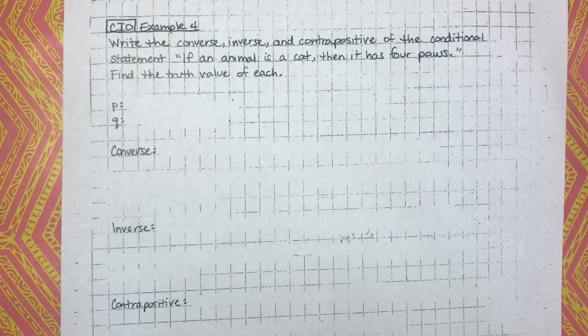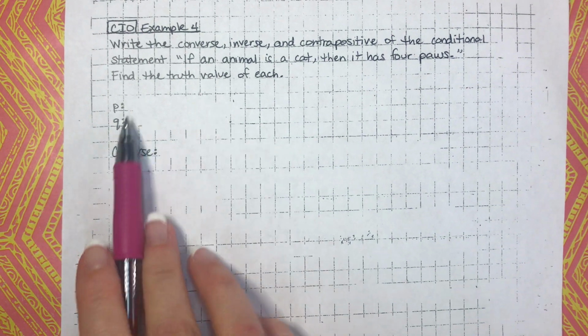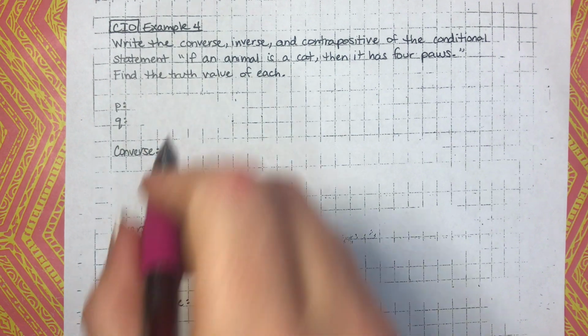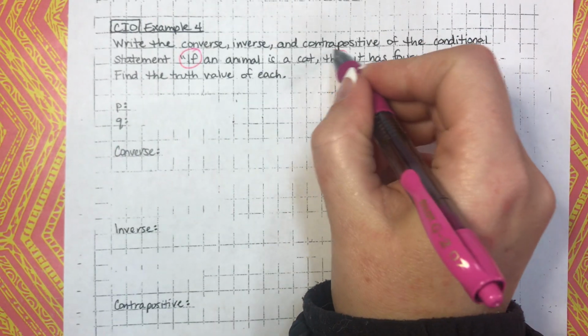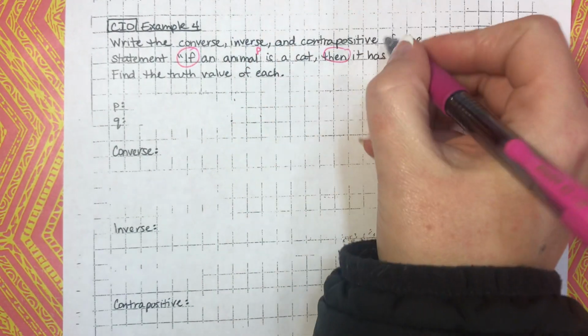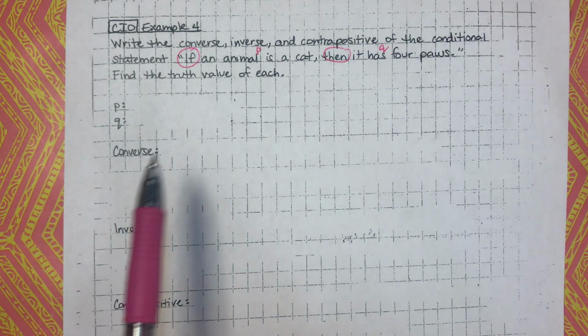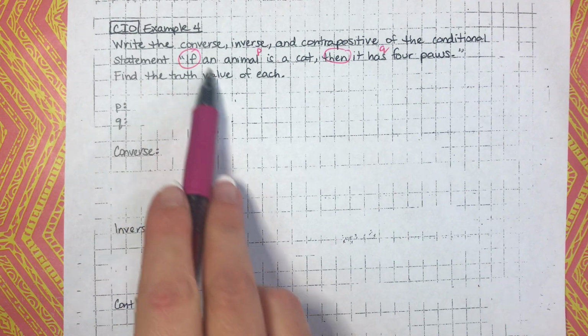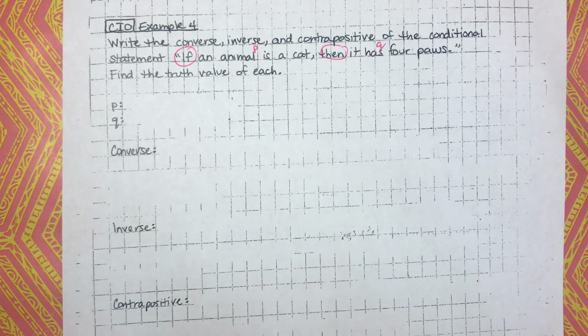First, we have to figure out what the hypothesis and conclusion are. To do that, we look at the if and the then, and therefore we know that this is the P and this is the Q. Remember, when we write the hypothesis, we don't include the word if or then. It's just an animal is a cat.